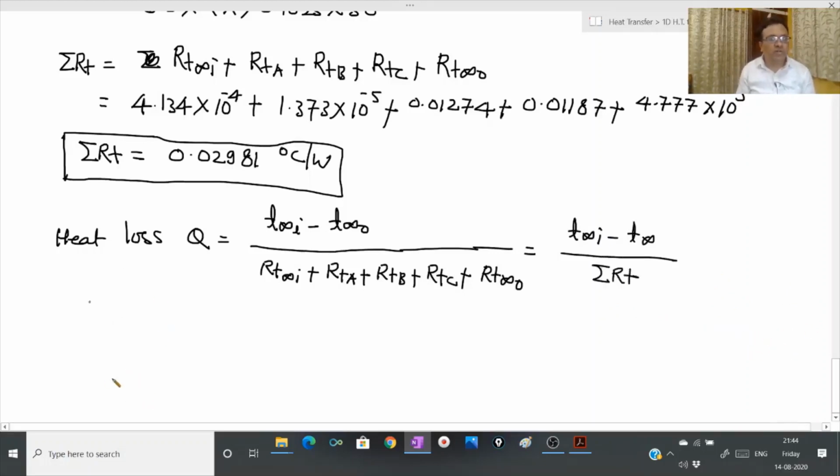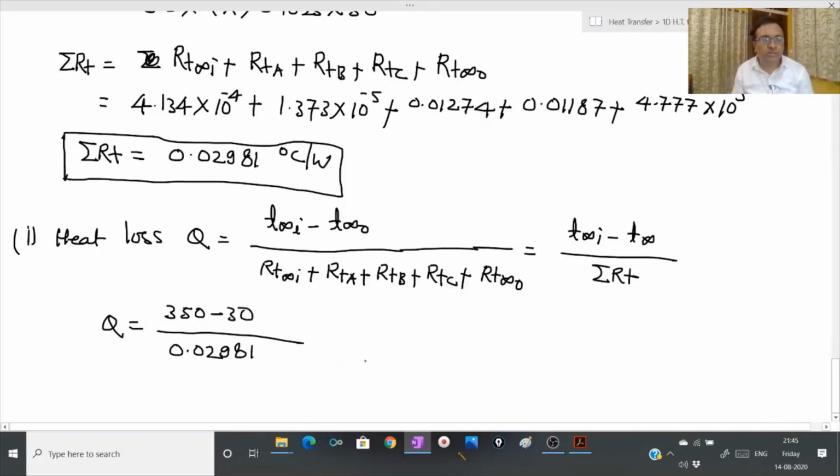Now I have the values of all these parameters. 350 minus 30 over 0.02981.